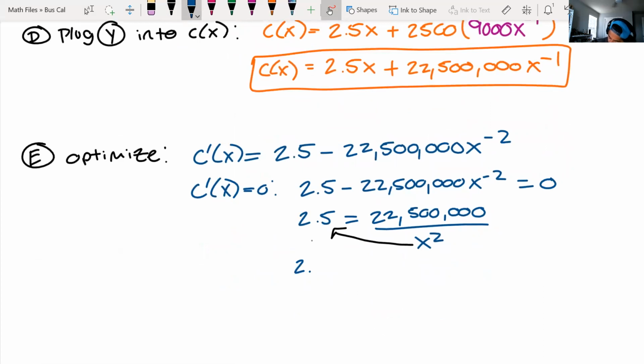Here you'll get 2.5x squared equal to 22,500,000. Divide by 2.5. And if I divide by 2.5, that should give me 9 million.